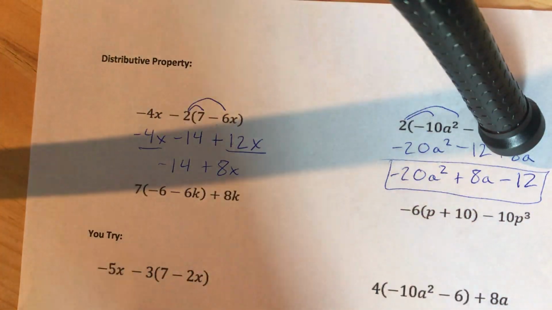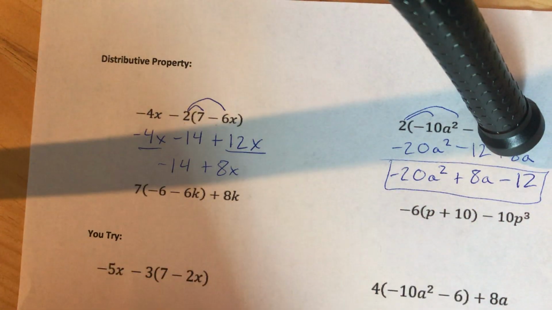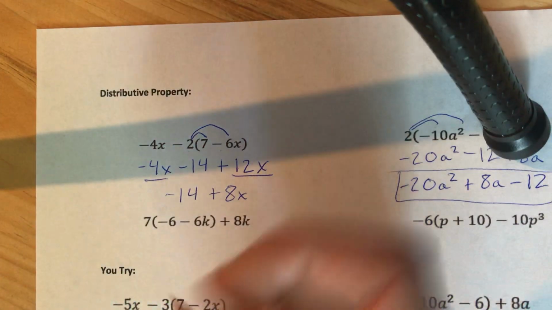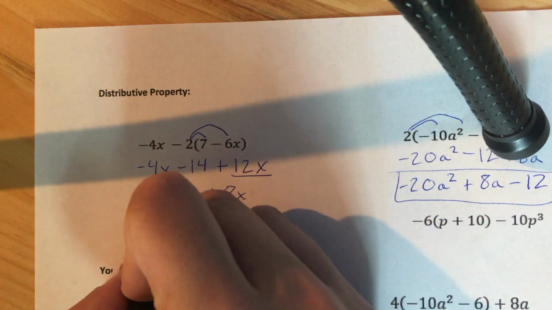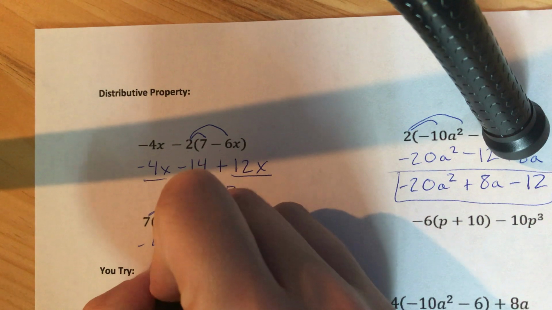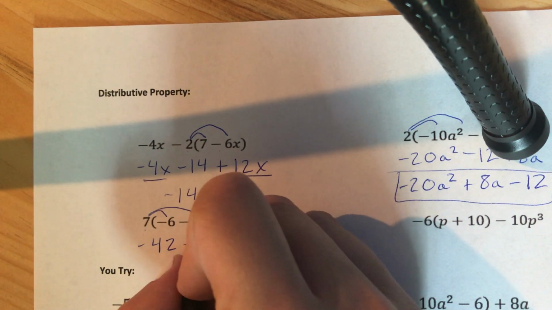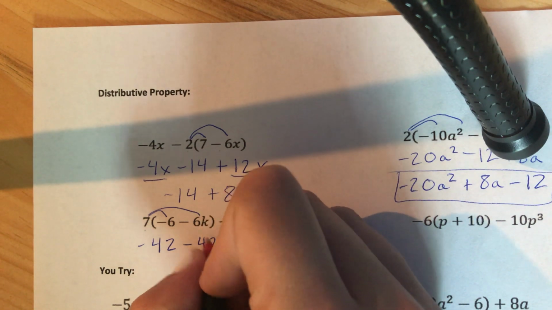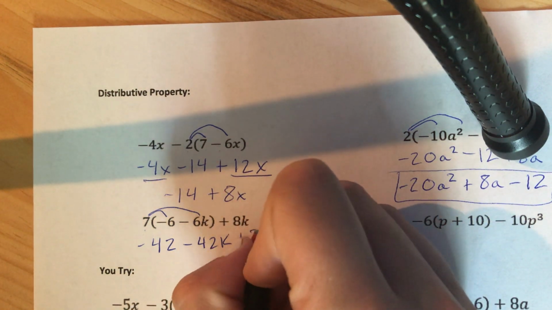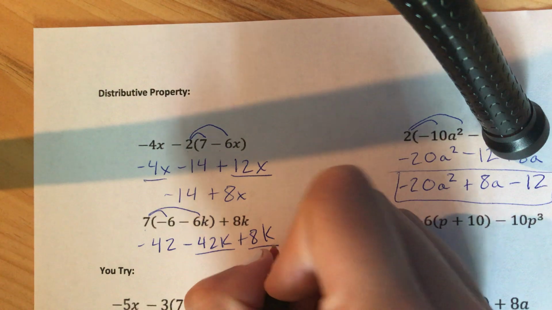All right, I'm going to keep going. If I'm going too fast, feel free to pause it and rewind it. All right, I'm going to distribute the 7, so we get negative 42. 7 times negative 6 is negative 42, and then we have another negative 42, but this time we have a k with it. 8k, we're going to combine our like terms here.